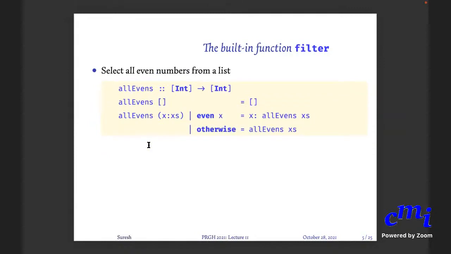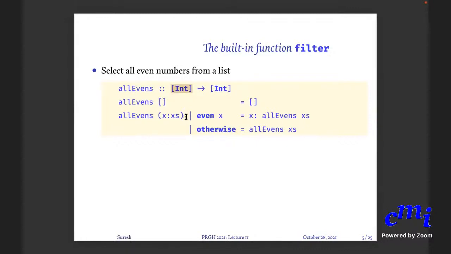Okay, great. So here is another kind of higher order function, which is very useful. It's called filter. And it abstracts out this pattern. Let us say you have a list of integers and you want to extract all the even numbers in that list. So if your original list is empty, then your answer is empty.